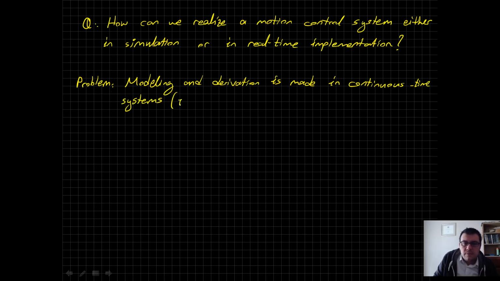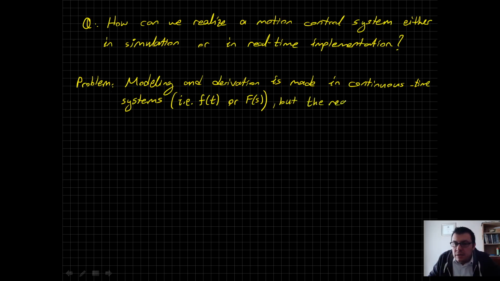That's either f of t in time domain or f of s in Laplace domain. Both of them are continuous time implementations or continuous time derivations. But the realization is made in discrete time.